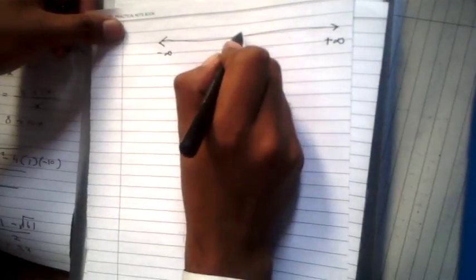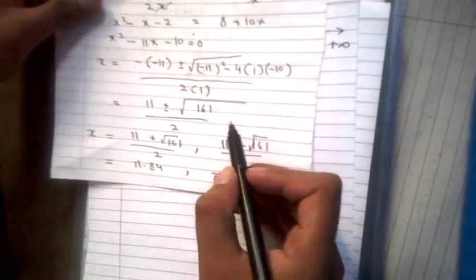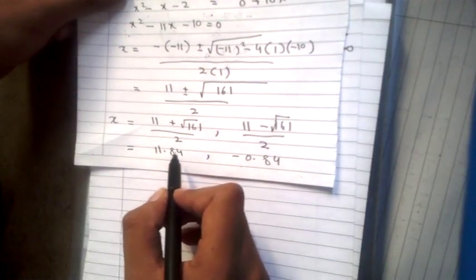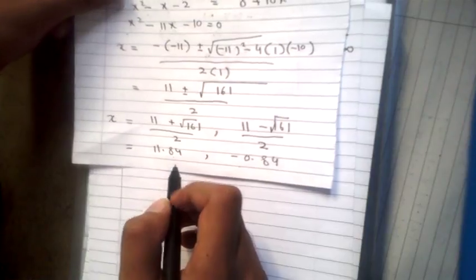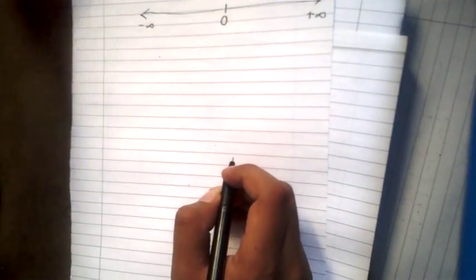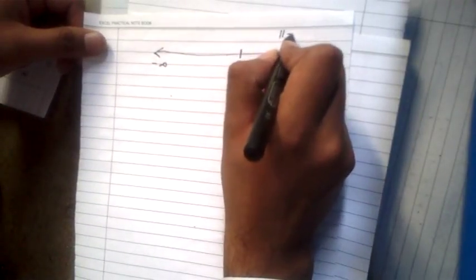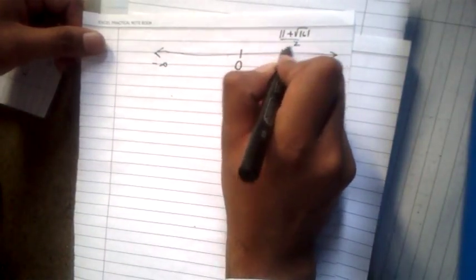This is the real number line. Plus infinity is here and minus infinity is here. 0 is at the origin or center. The first point, 11 plus square root 161 divided by 2, that is 11.84, is somewhere here.